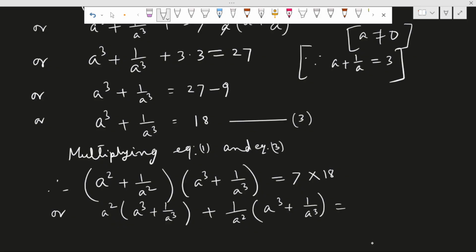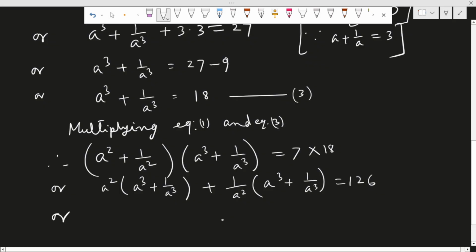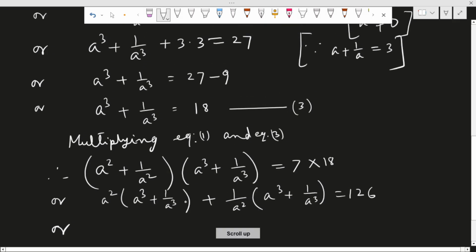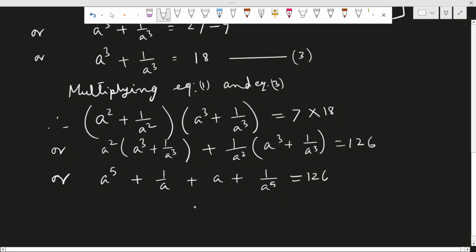Multiply these two numbers, 126. So a to the power 5 plus 1 by a to the power 5 plus a plus 1 by a is equal to 126.